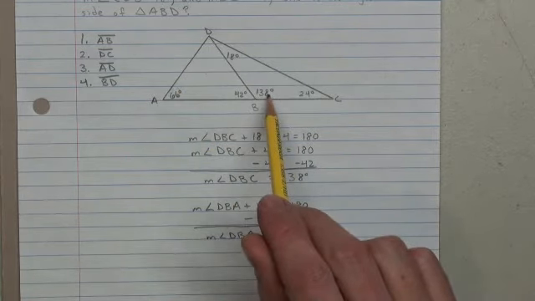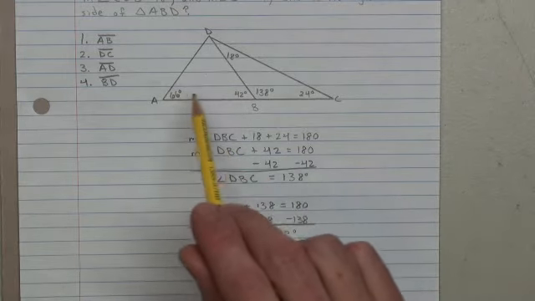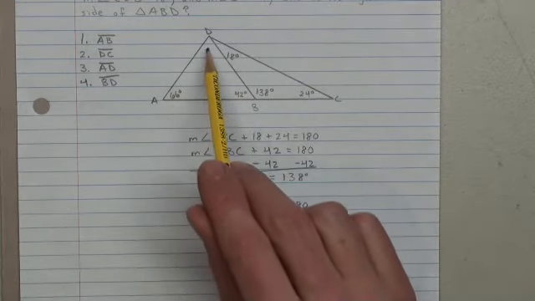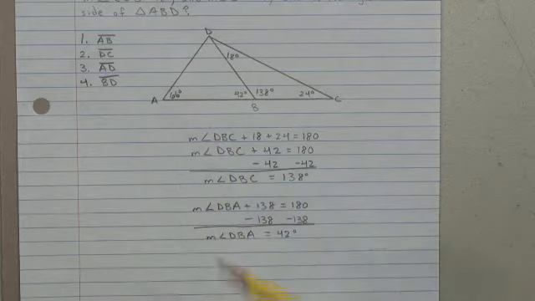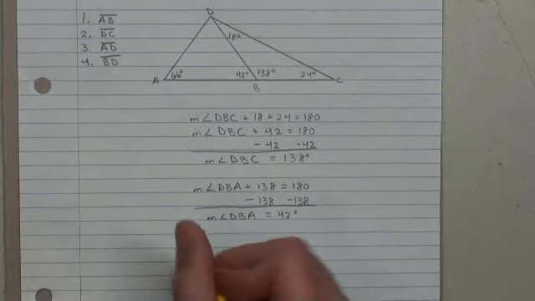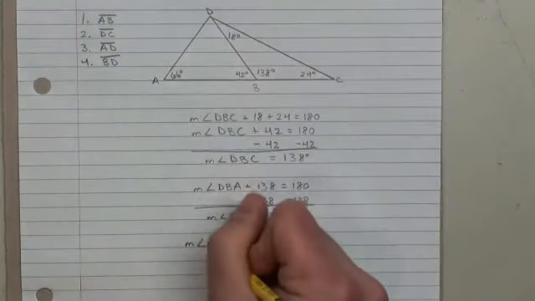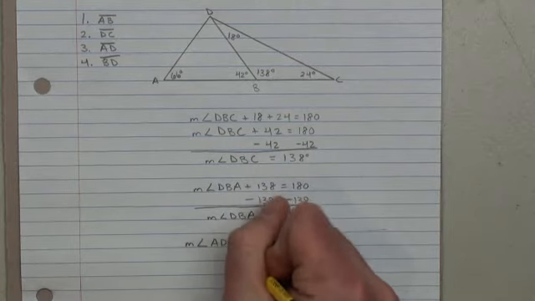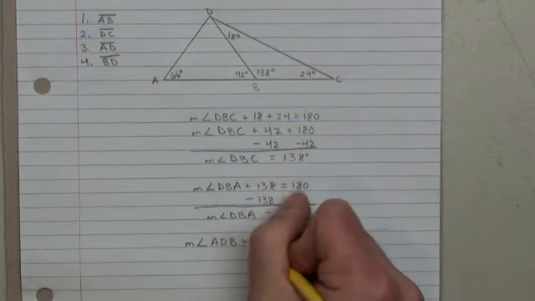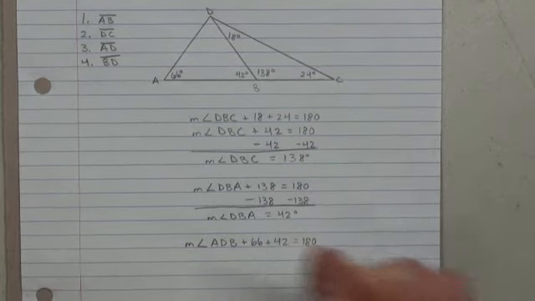So we can do 138 equals 66 plus this angle, or we can do 66 plus 42 plus this angle equals 180. Okay, I'm going to do the measure of angle, this is ADB, plus 66 plus 42 equals 180.